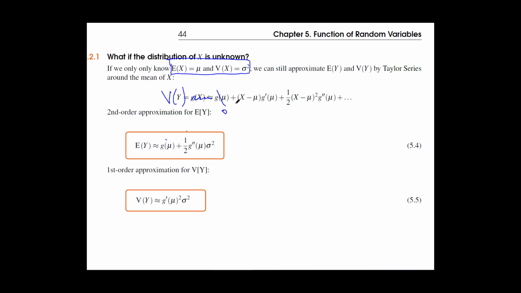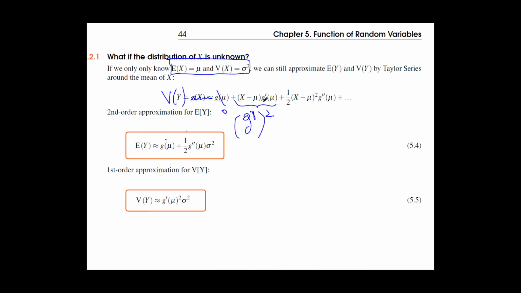Then we have the variance of this term, so let's work it out. G prime is a constant, so it's going to come out squared. So g prime at mu squared times the variance of x minus mu.